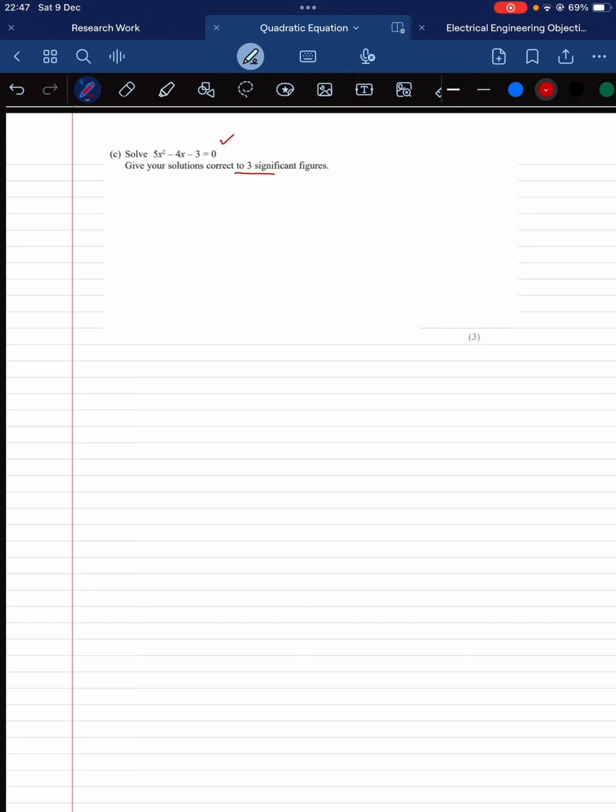When they want you to factorize, they will write the word factorize. Whenever they give you a question like this, they are asking you to solve by using the quadratic formula, because we cannot solve this equation by the mid-term break or by factorizing, as it cannot be factorized. So we will use the formula.